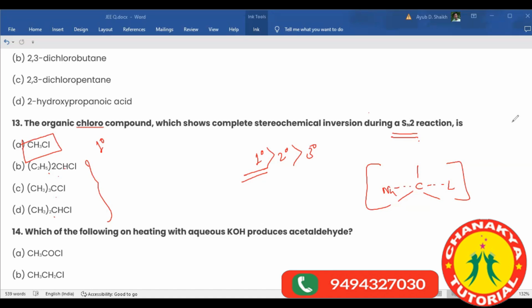Hence methyl chloride is the correct answer. Clear? Yes, ma'am.